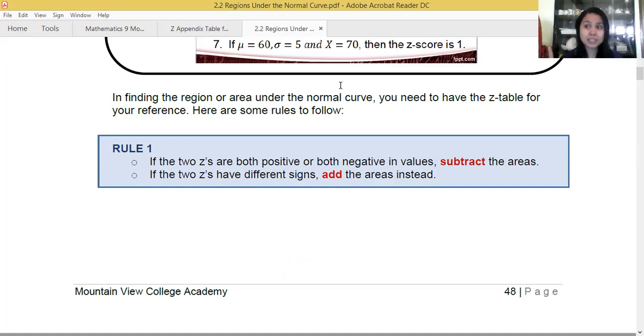Positive to positive, subtract. That's rule number one. But if two z's have different signs, you add the areas instead. Again, negative to negative, subtract. Positive to positive, subtract. But if we have negative to positive, we will add.